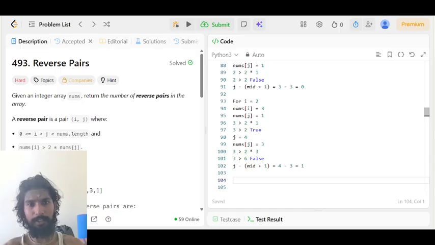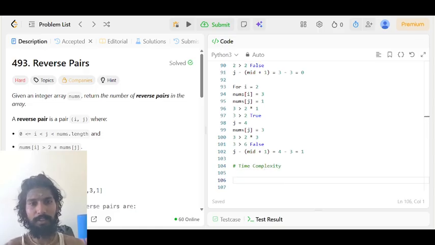Now let's check the time complexity. Merge sort divides the array into two halves again and again. So the number of levels is log n. At each level we do two linear operations: counting cross pairs and merging sorted halves. Together each level takes order of n time.